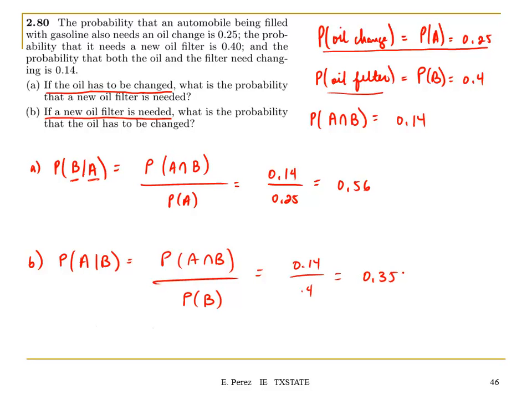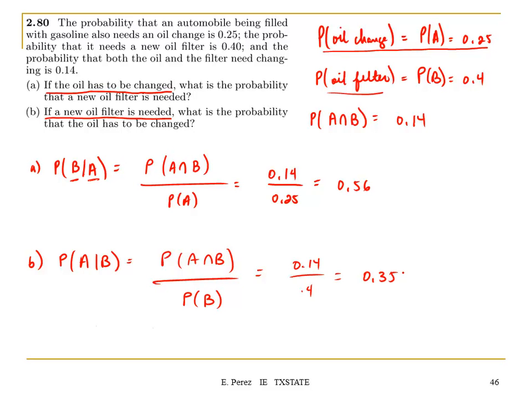I don't want to affect you guys, so these are just problems for you to start thinking about the type of questions that you are going to see in the homework and also in the exam, and also to give you a better understanding of the concept. Okay? So now you understand how the conditional probability works. Hopefully, you know how to use those.